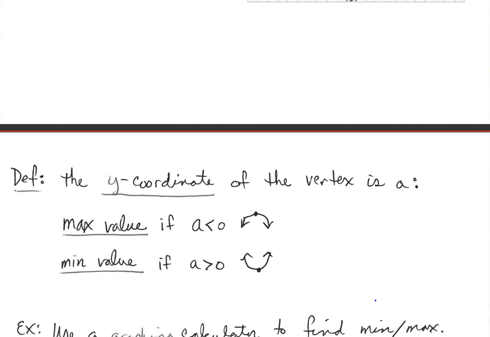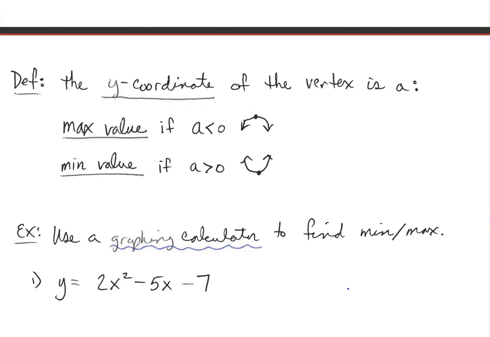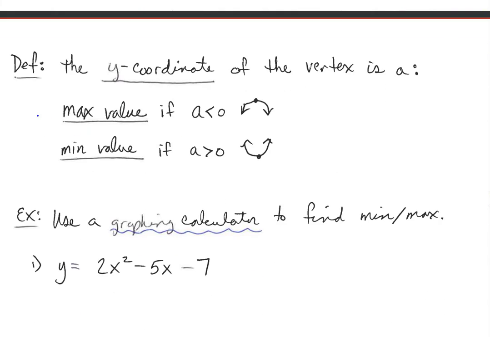Let's continue in this topic with some extra application here of quadratics, and we'll do that with a definition. We'll say this: the y-coordinate of the vertex, yes, the same vertex we've been talking about above, is either a maximum value, or a max value, if the parabola opens downward, which we've already said happens when a, the leading coefficient, is negative.